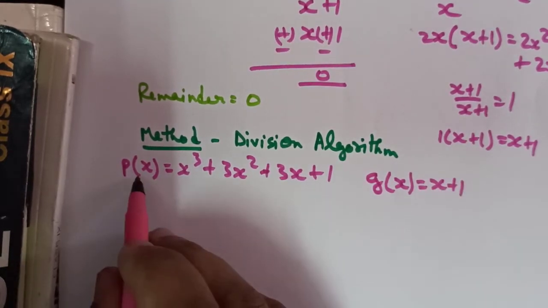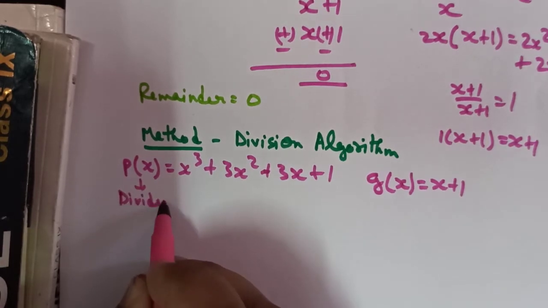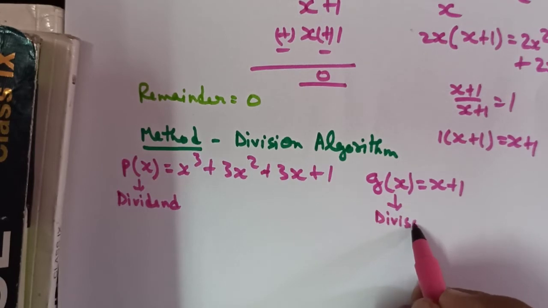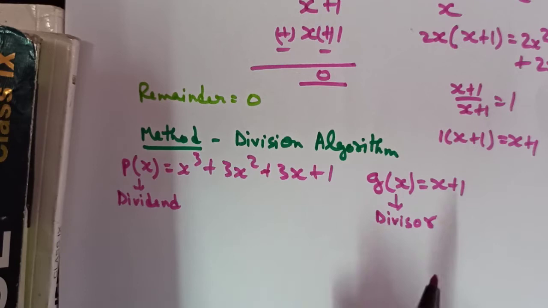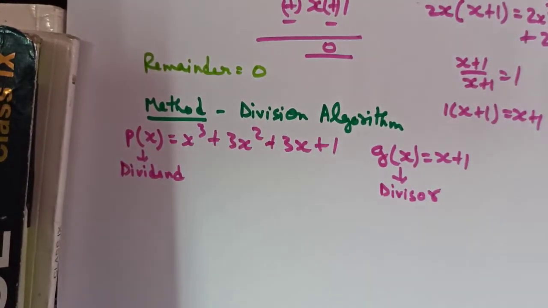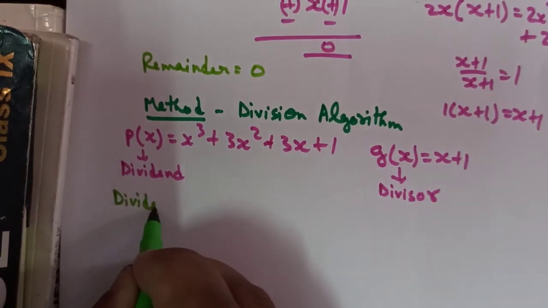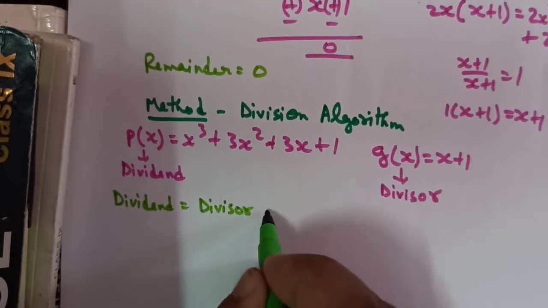So this is the dividend and this was the divisor. We don't know the quotient and the remainder. Let the quotient be q and the remainder be r. Then by the division algorithm, dividend is equal to divisor into quotient plus remainder.